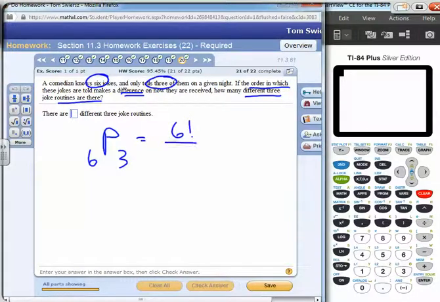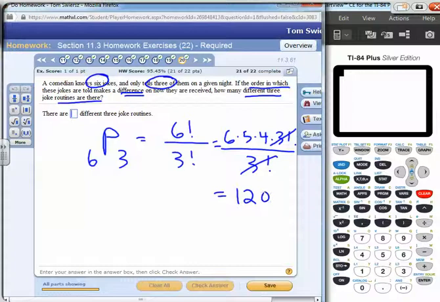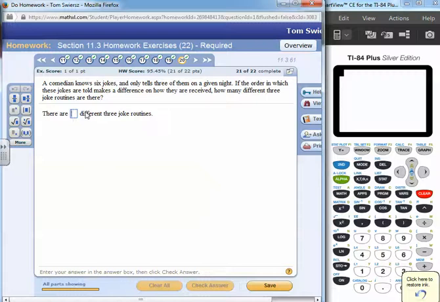That's 6 factorial divided by 6 minus 3, which is 3 factorial, so 6 times 5 times 4 times 3 factorial divided by 3 factorial. The 3 factorials cancel. 6 times 5 is 30, times 4 is 120. So I'll just do this one with pencil and paper. Obviously, you can use your calculator and do 6P3 and get the same answer, which is 120.